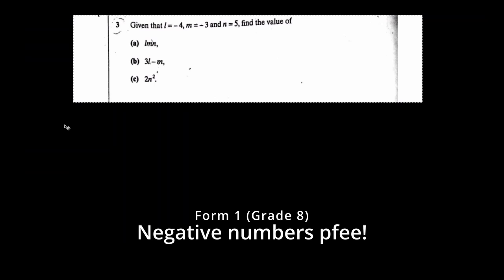So because of that, we begin to learn about negative numbers at Form 1, which is roughly 10 years after one would have initially begun his or her education.